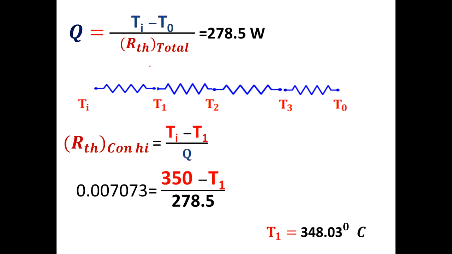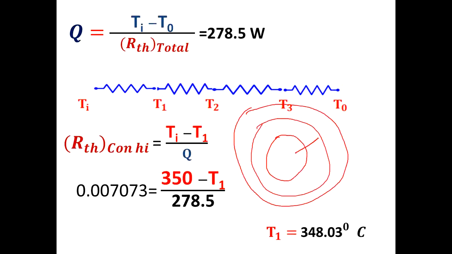T1 temperature you will get like this, because the same amount of heat energy will be transferred from the pipe to the insulator. The same amount of heat energy is transferred, Q. This is the amount of heat energy transferring, Q. With hi, K1, K2, h0, thermal resistance and temperature difference at that particular point, you take like this.